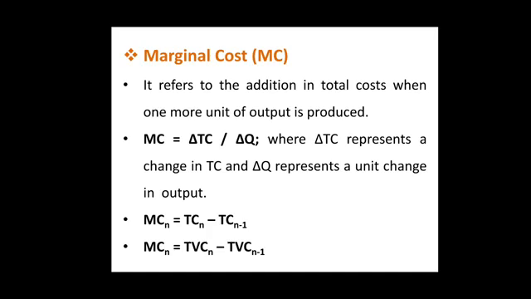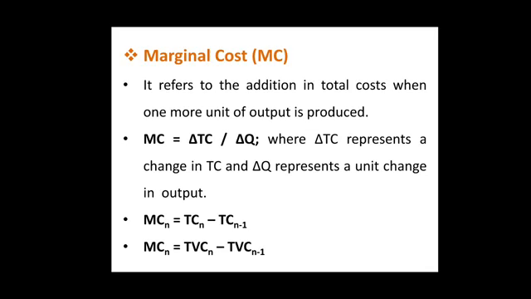It's calculated as MC is equal to ΔTC divided by ΔQ, where MC is marginal cost, ΔTC represents a change in total cost, and ΔQ represents a unit change in output.